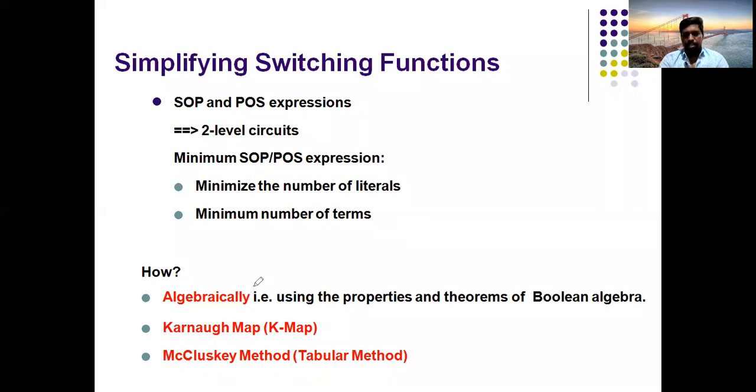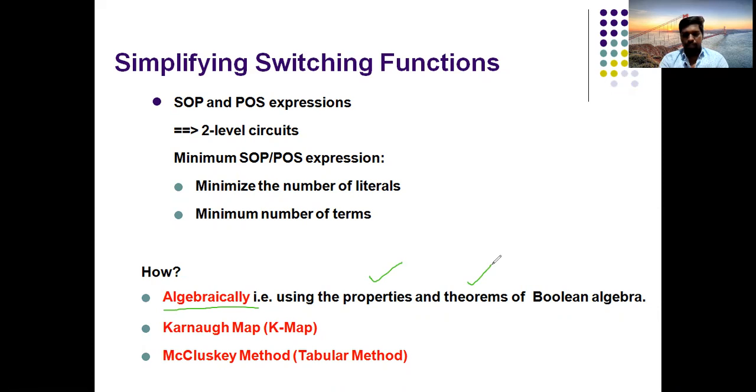In the previous unit, you learned how to reduce an expression with respect to the number of terms depending on the function. That means you have learned how to reduce algebraically, right? Algebraically means by using the properties as well as theorems present in Boolean algebra.